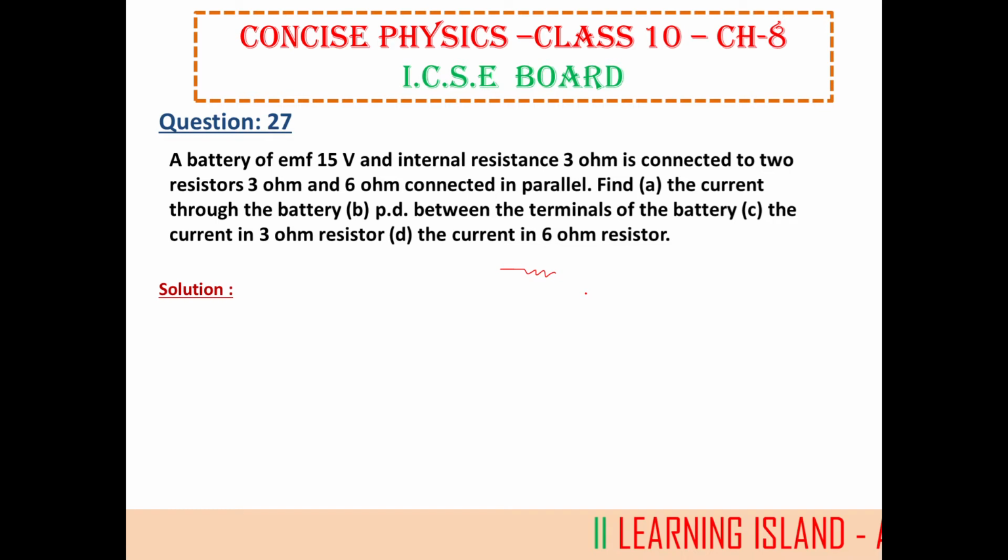If this is a 3 ohm resistance and another is a 6 ohm resistance, which are connected in parallel, now this connection is connected with a battery whose EMF is 15 volt and internal resistance is equal to 3 ohm.